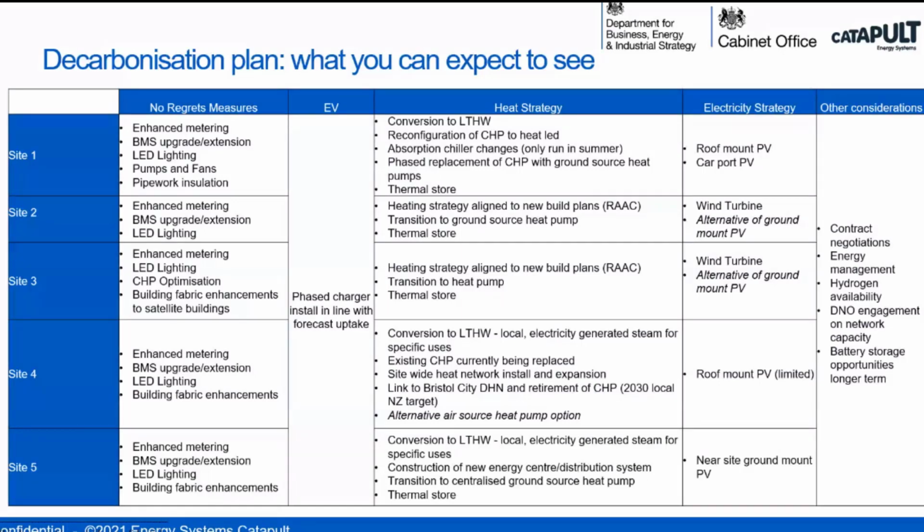In a lot of the sites that we worked with, we had to hit a target by 2032, which meant that we couldn't rely on the possibility of something like hydrogen becoming available because there wasn't any certainty.